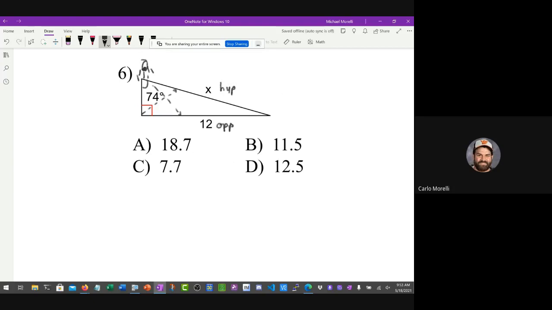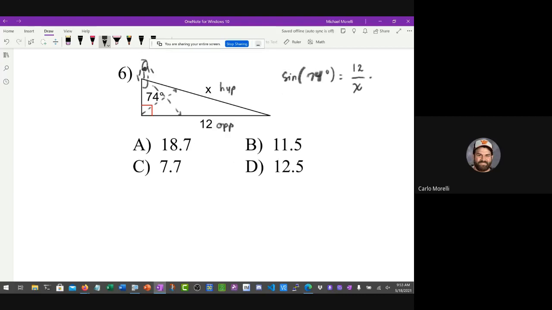So the trigonometric function that deals with opposite and hypotenuse is the sine. So the sine of 74 degrees is equal to the opposite side, which is 12, over the hypotenuse, which is x.